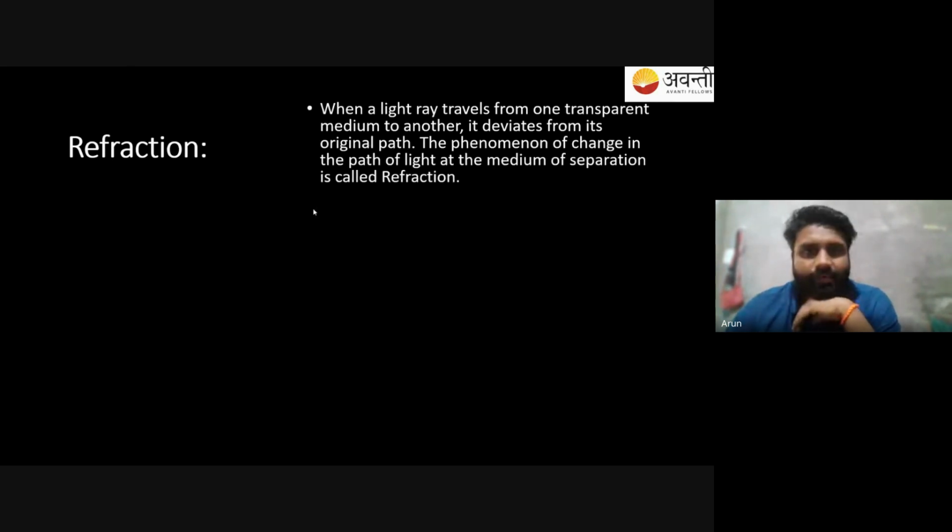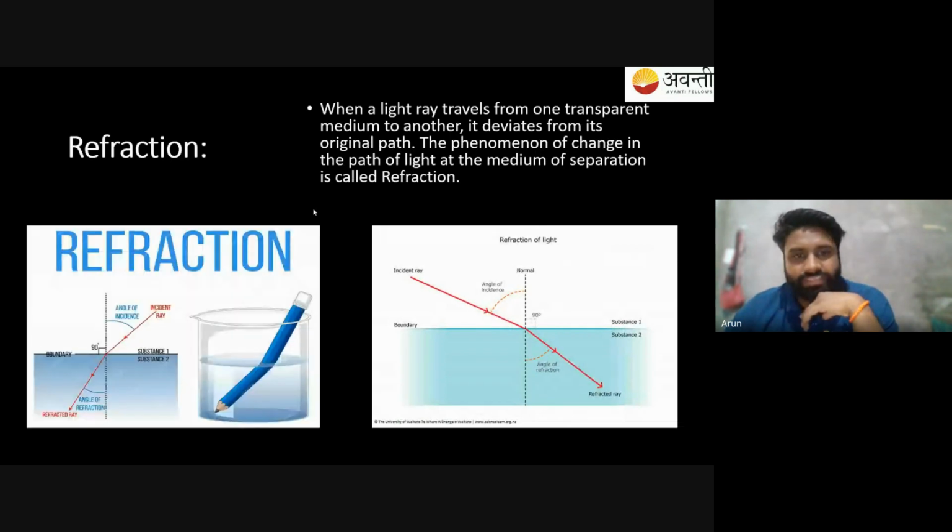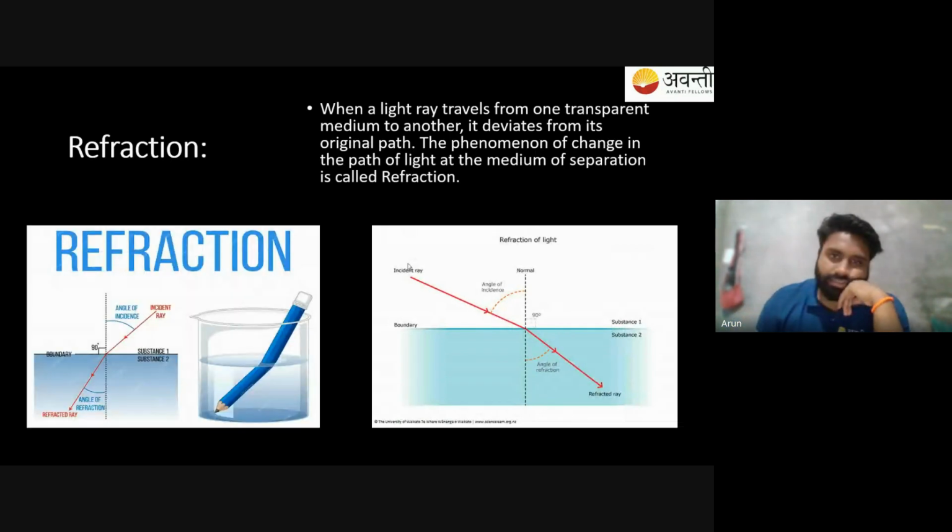So this is what we have as refraction. You can see here, this is the incident ray, and it strikes the boundary of a transparent medium. It goes inside the medium and changes its path. Originally, the path would be like this, but it has changed its path.